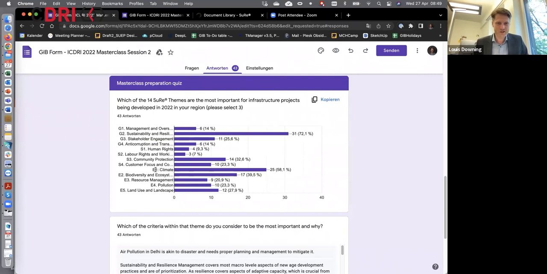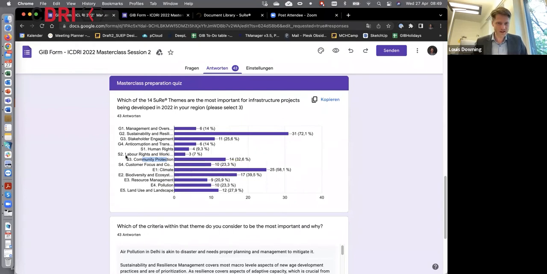Then we also have climate, so E1, so 58%. Then the next highest is biodiversity and ecosystems. And then the next highest is community protection. So that's really interesting. So the two highest ones here, sustainability and resilience and climate, we'll delve into in the next section, as well as the biodiversity systems.